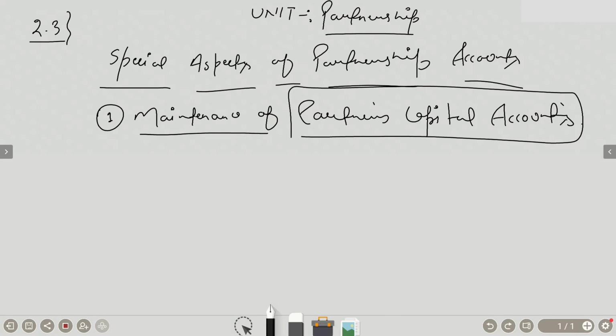Now in this lecture, we are only going to understand what the various accounts are that are prepared or maintained by the partnership firm. हम सिर्फ ये पढ़ रहे हैं कि पार्टनरशिप फर्म कौन कौन से अकाउंट पढ़ रहे हैं.